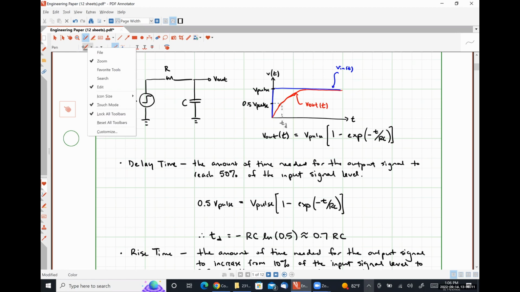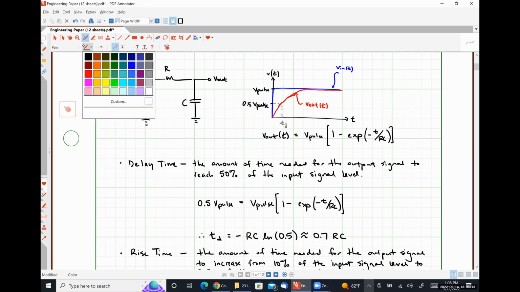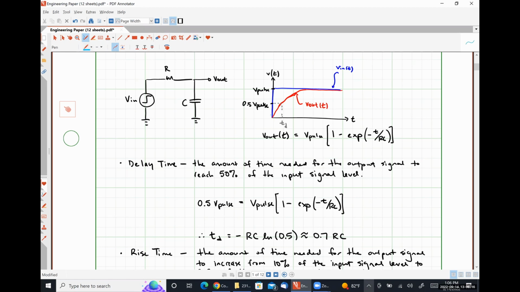And if this is 0.1 V pulse, and this is 0.9 V pulse, this distance, t_r, is our rise time.